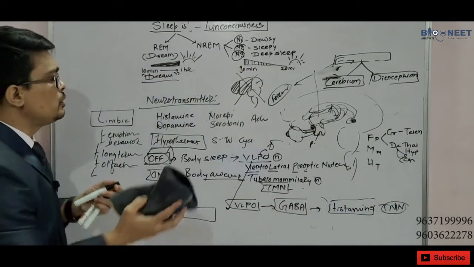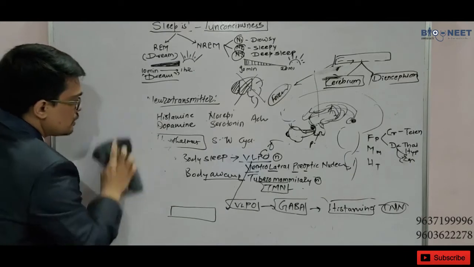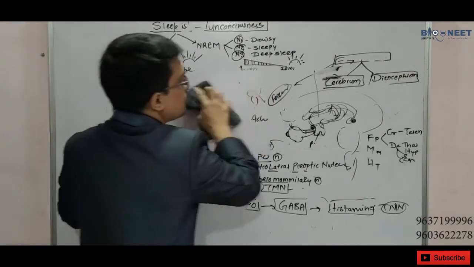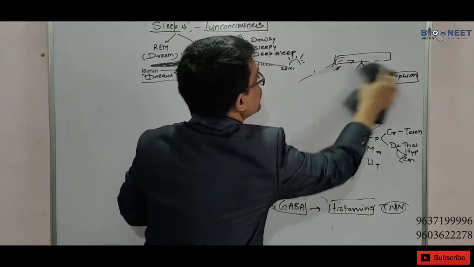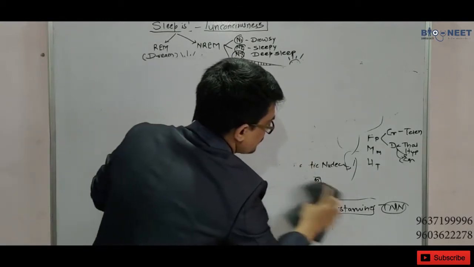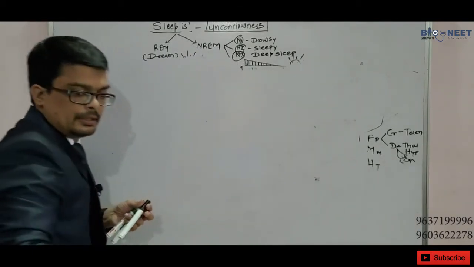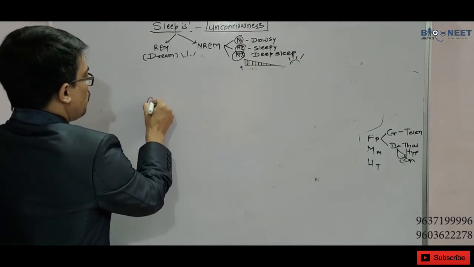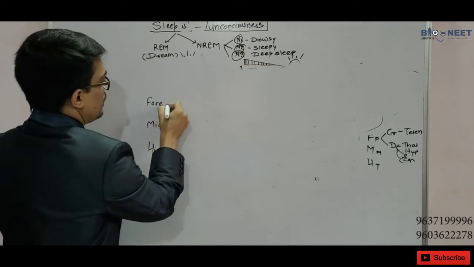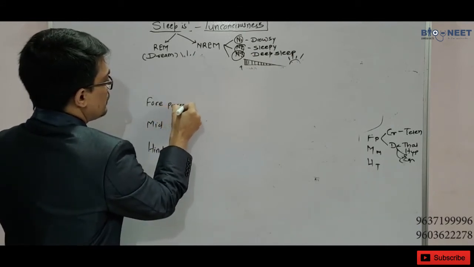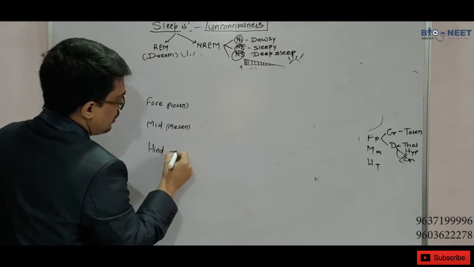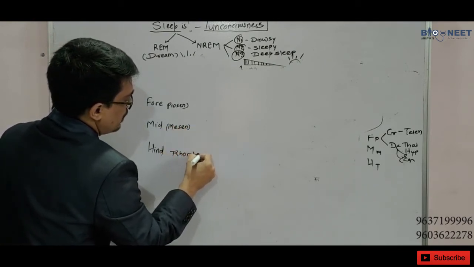So in short, if you see the structure of the brain, hypothalamus is a part of your forebrain. It's not the midbrain; the midbrain has all the nuclei. So grossly, forebrain, midbrain and hindbrain, prosencephalon, mesencephalon, rhombencephalon.